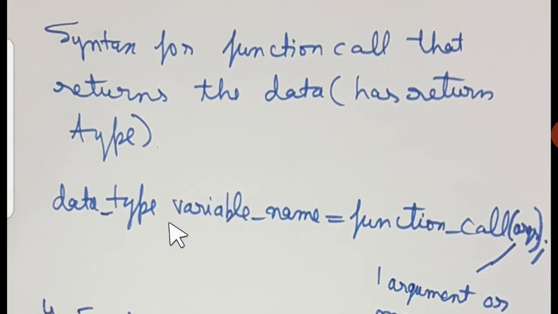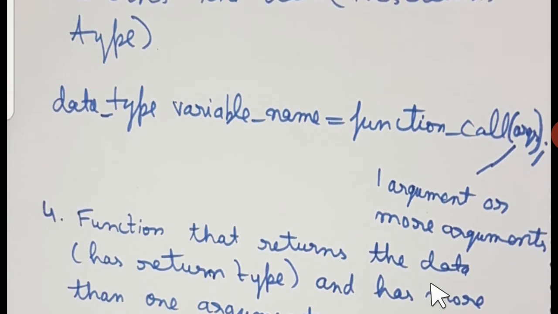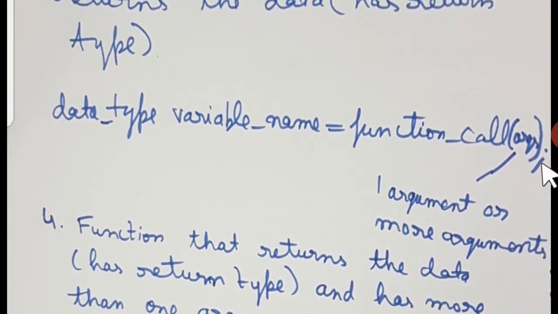So what do you have to do in such situations? Write data type, name of the variable, assignment operator, then the function call, meaning the name of the function is to be specified, then in the parentheses arguments are there. So I've written this in short, that is args. Alright, so that is nothing but argument. It can be one argument or more than one argument. Okay, it's clearly written here.